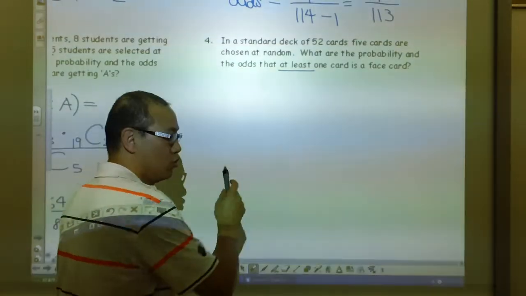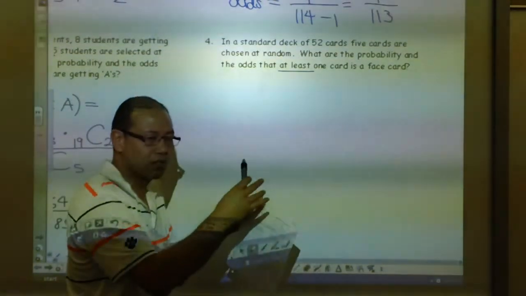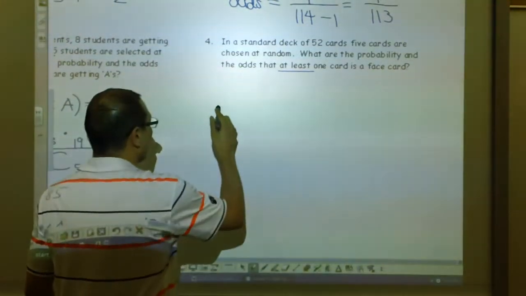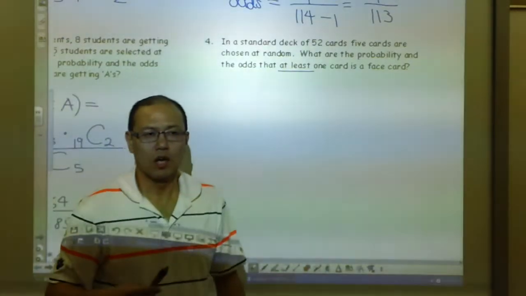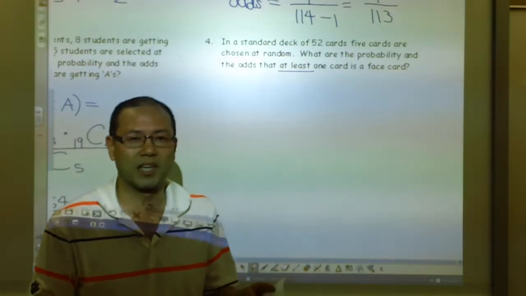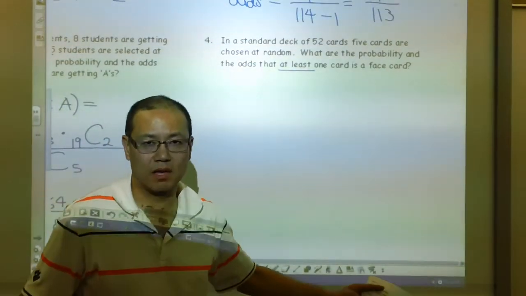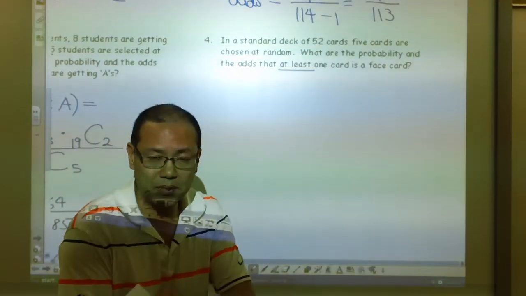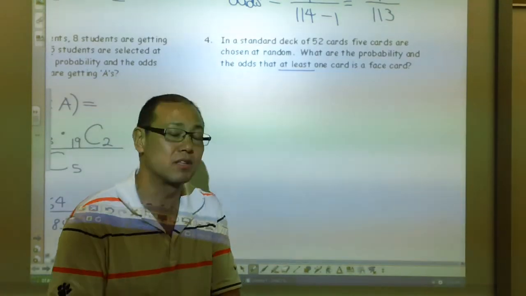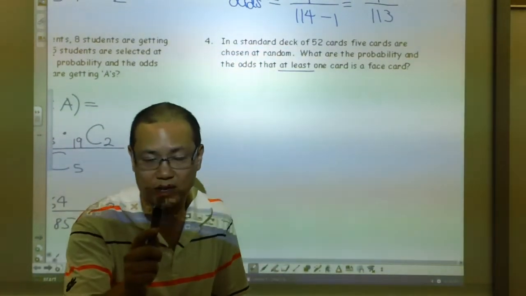However, you could rethink this problem as, why don't we think of what is the probability of getting absolutely no face cards, and then say the opposite of that would be the probability of getting at least 1 face card.